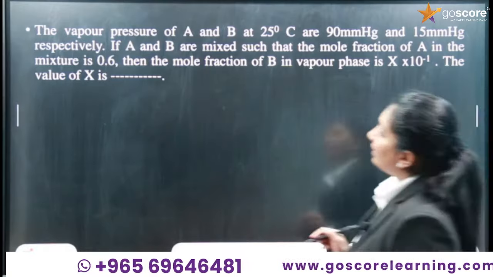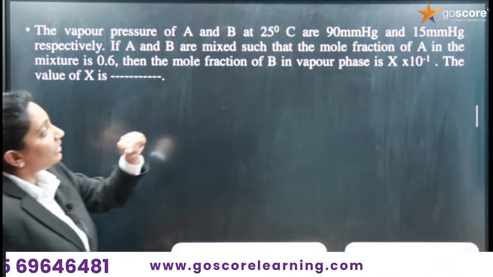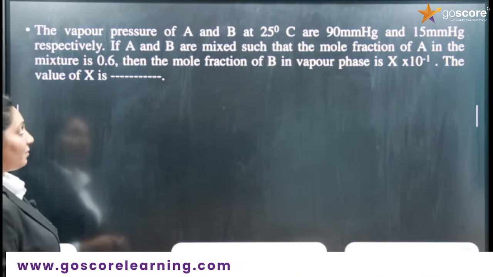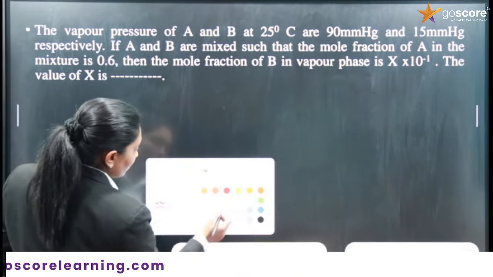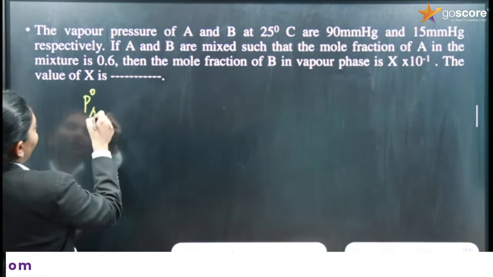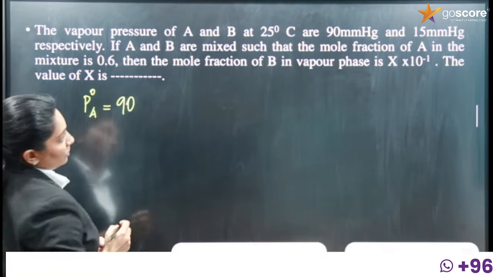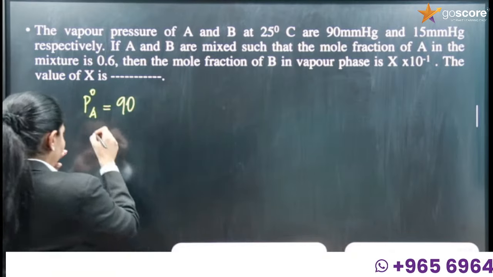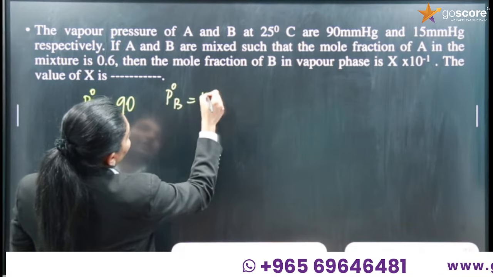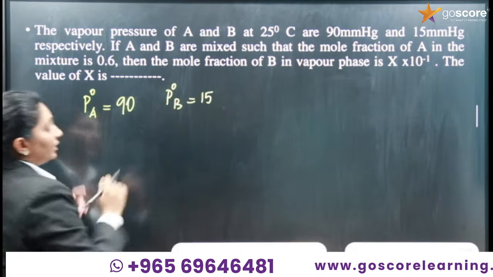Now, the next question: the vapor pressure of A and B at 25 degrees Celsius are 90 mmHg and 15 mmHg respectively. That is the vapor pressure of the pure components. P naught A is given as 90 mmHg, and P naught B is 15 mmHg.